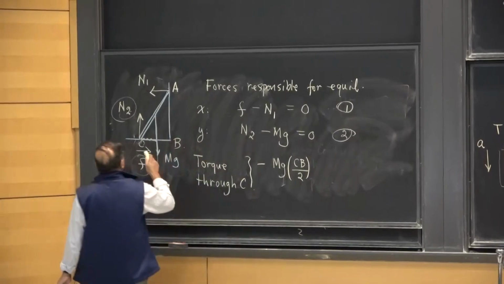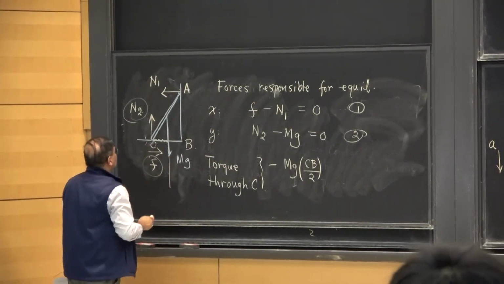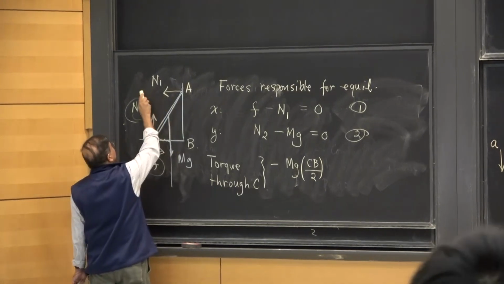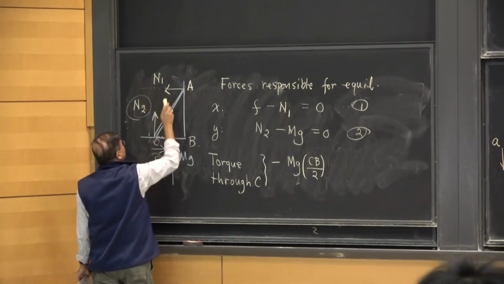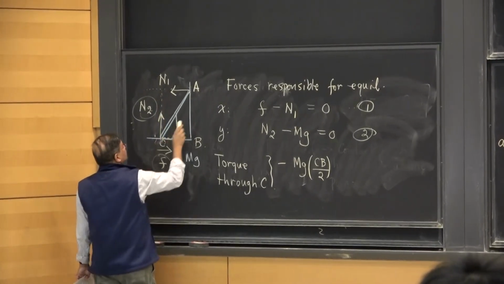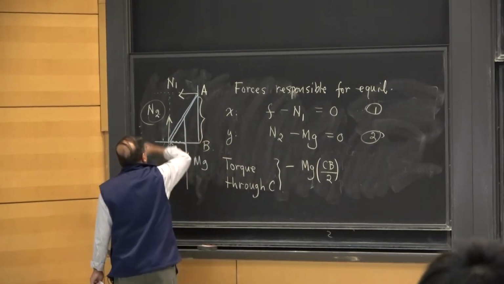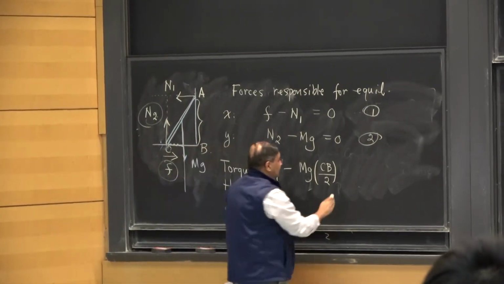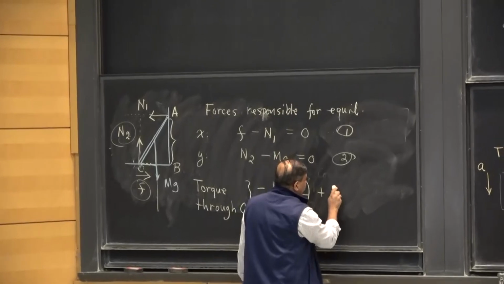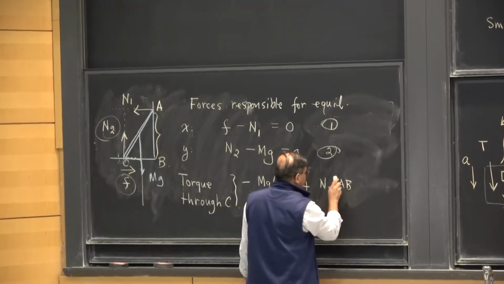All right. So now you see the other force we can't get rid of is this N1. If I extend this, N1 is at this distance, which means at distance AB. That's going to give me a counterclockwise motion, which means it's going to be plus N1 times the length of AB.